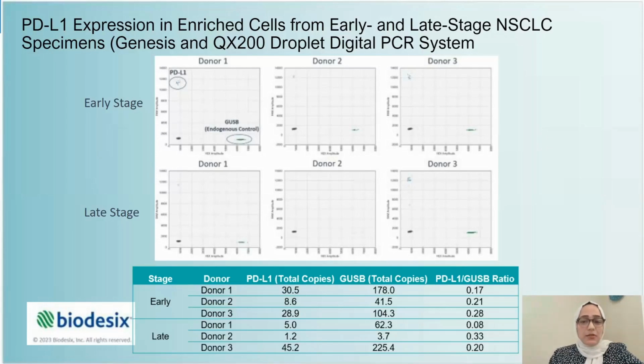The enriched cells were processed using the QX600 system for ddPCR, showing that expression of the immunotherapy marker PD-L1 was detectable in both early and late stage patients.